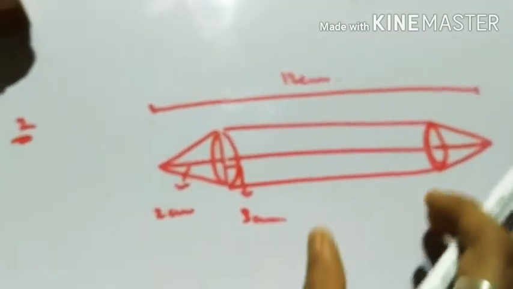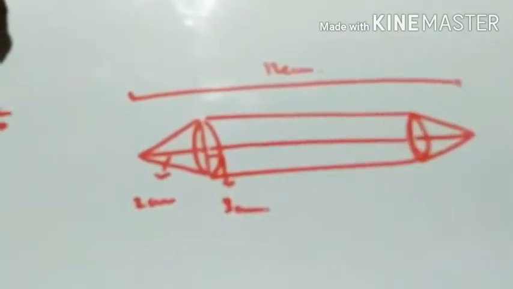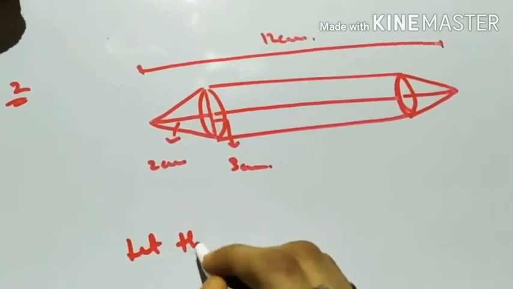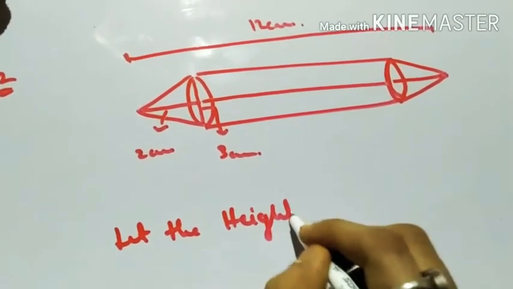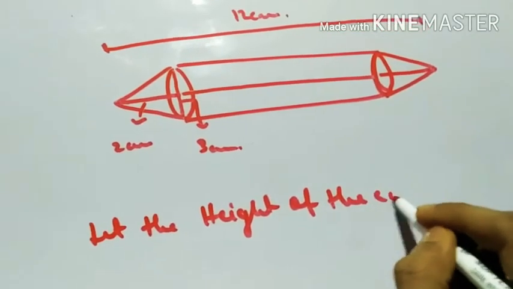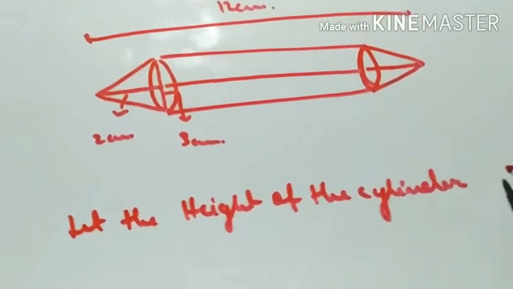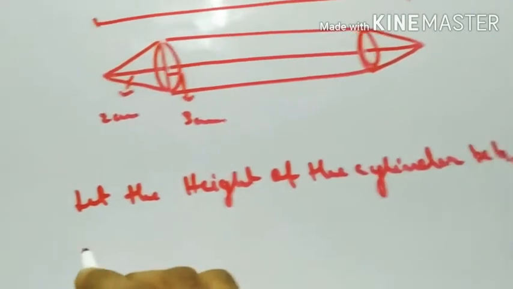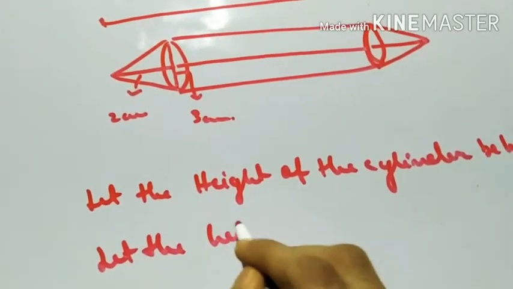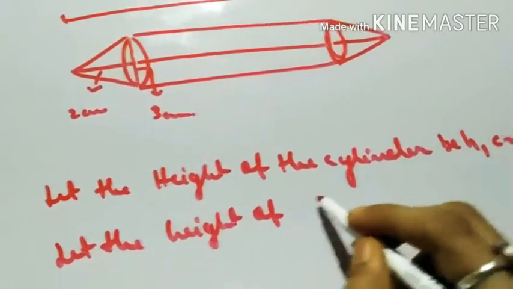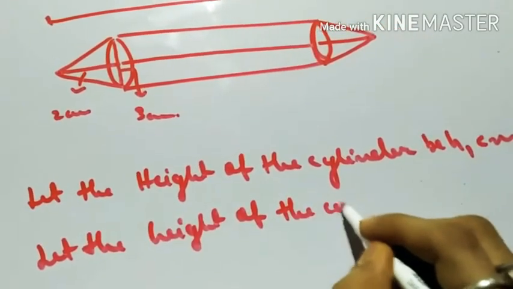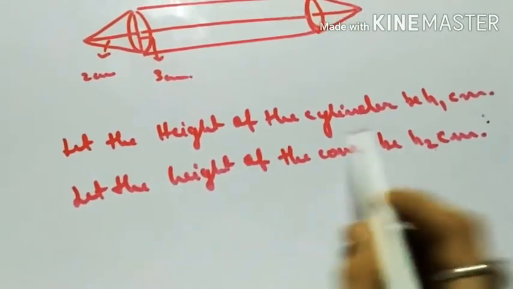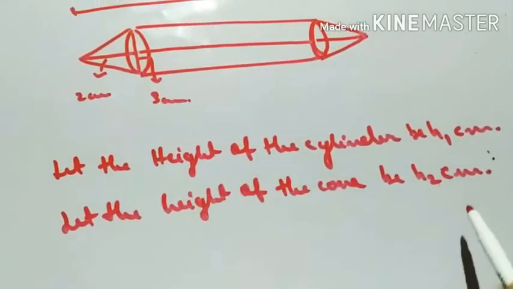Now first of all I will have to find the height of the cylinder. Let the height of the cylinder be h1 centimeter, and let the height of the cone be h2 centimeter.